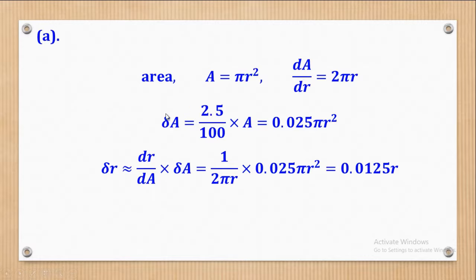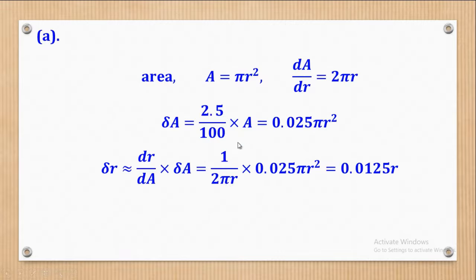And now that I know small change in A, I'll say small change in r, which is the error in the radius, will be equal to dr/dA multiplied by small change in A. Now dr/dA is the reciprocal of dA/dr, which is 1 over 2 pi r. And my small change in A is this, which I'll substitute.